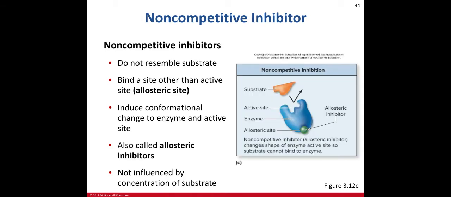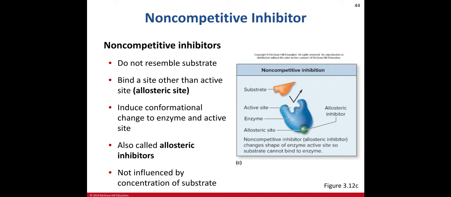Non-competitive inhibitors are going to bind to a different site that we call an allosteric site. Once that non-competitive inhibitor is bound, well, then it is going to change the shape of the active site, and now the substrate doesn't fit.